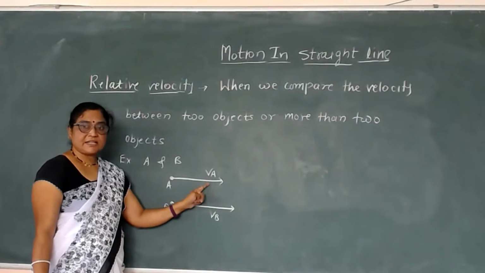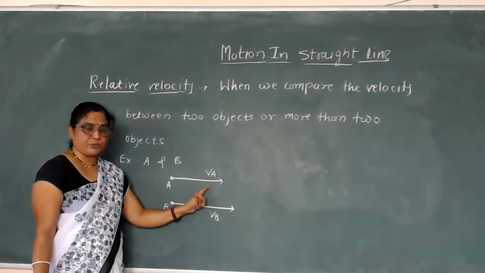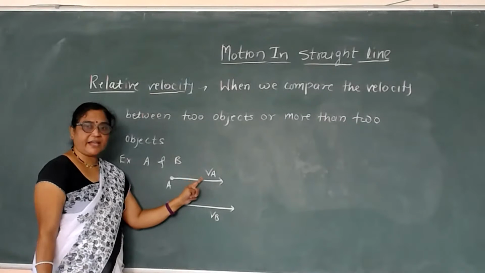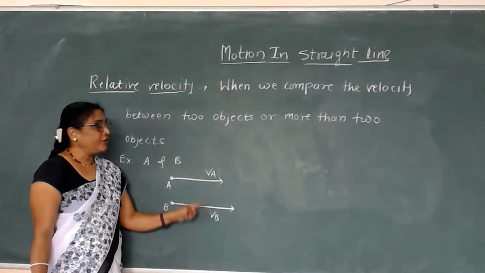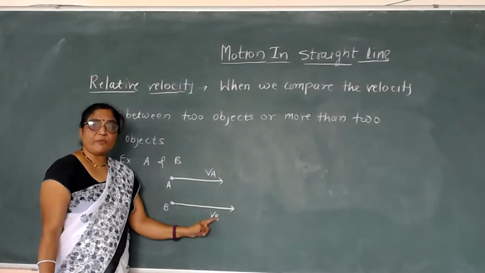There are two ways to explain this. When B is moving faster than A, otherwise A is moving slower than B. We compare in two ways.